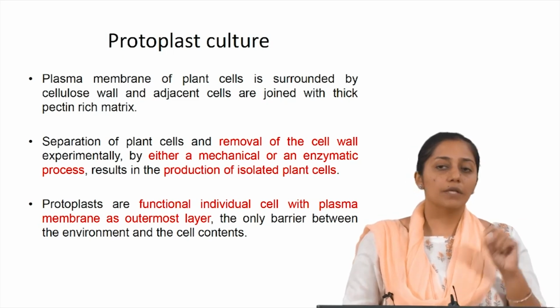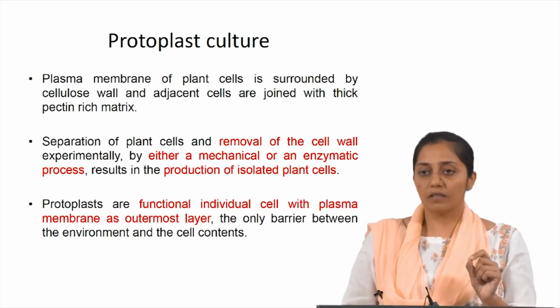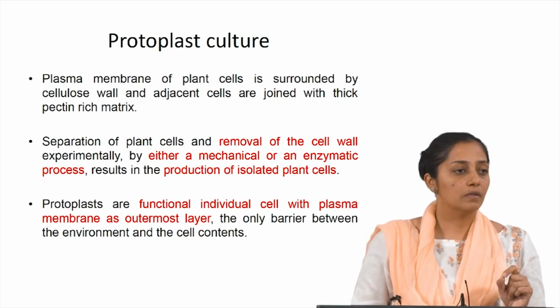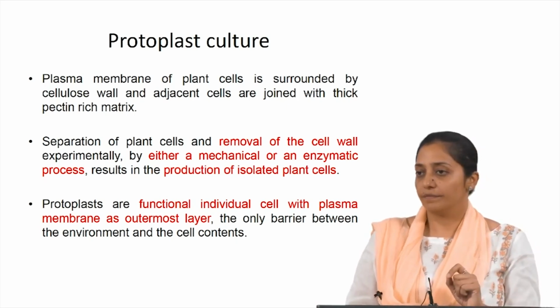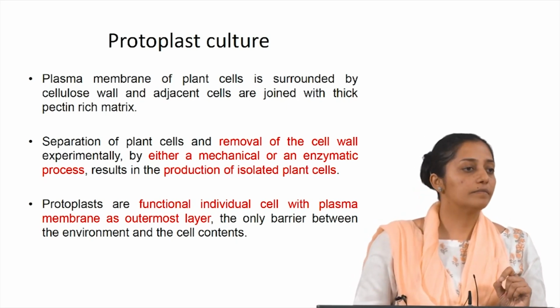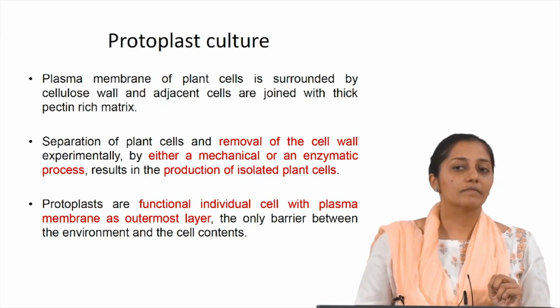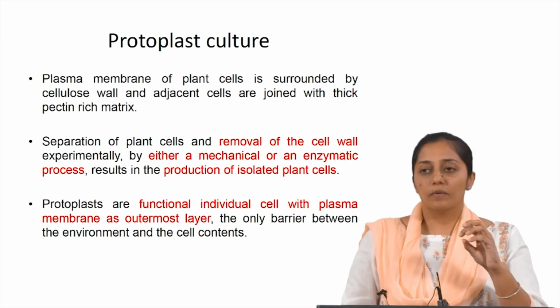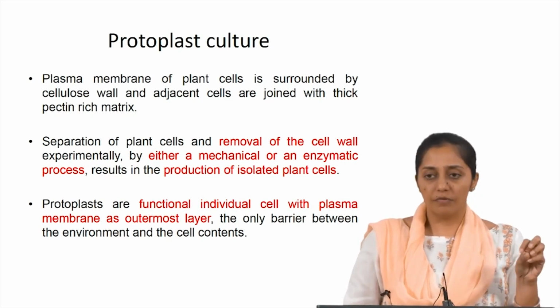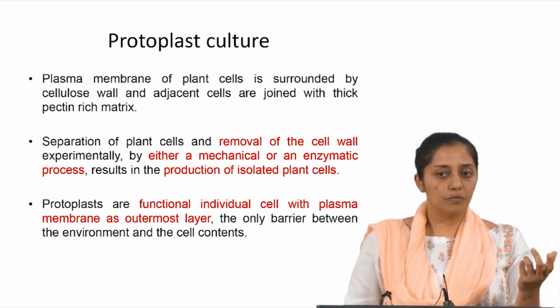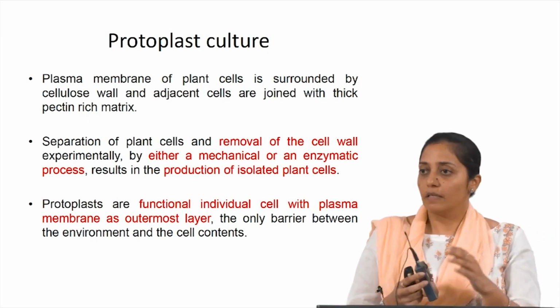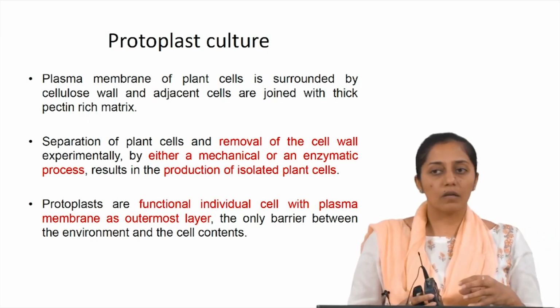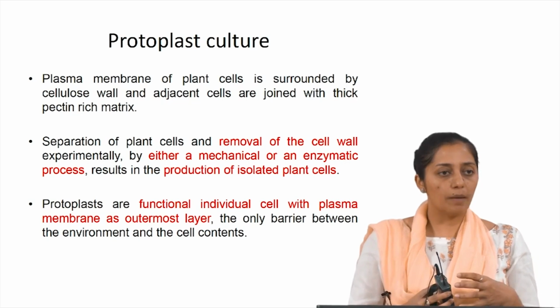We know that the plant cells are attached to each other. They are attached through the pectin rich layer. What is that layer called? Middle lamella. So that layer has to be removed before the cell wall is removed. So now the attachment is off. Now the cell wall is removed for the protoplasts to come together.